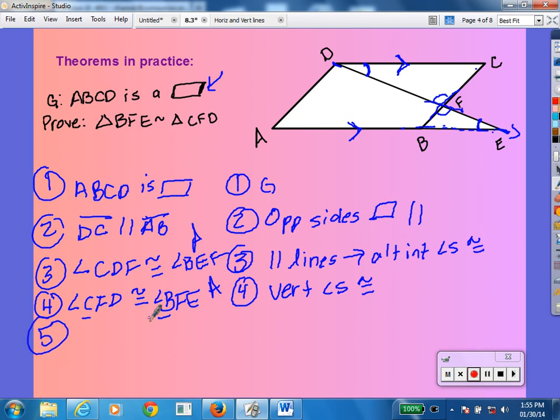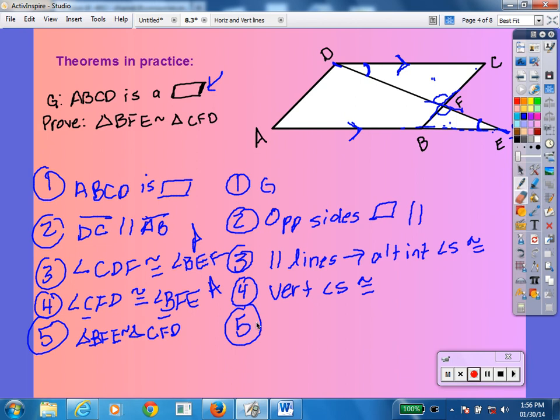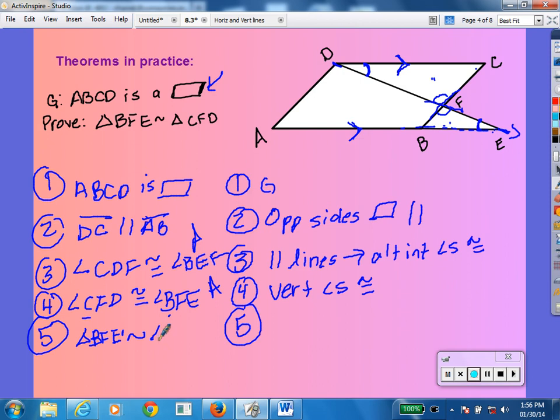Now, the theorem that we talked about was angle-angle similarity. If we can prove two angles in the triangles are congruent, then the triangles are similar. So we're done. So triangle BFE is similar to triangle CFD through angle-angle similarity, and that was statements 3 and 4.